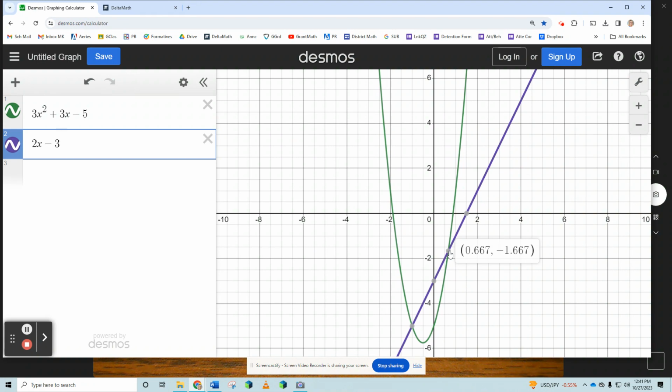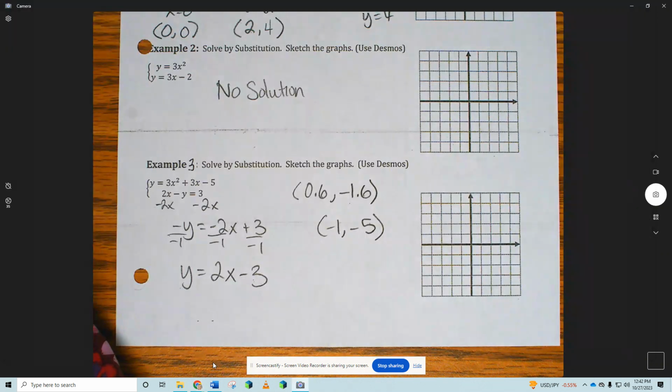One spot they hit is 0.6, comma, -1.6. And the second spot they hit is -1, -5. Okay. So sometimes they don't hit, sometimes they hit twice. Just depends.